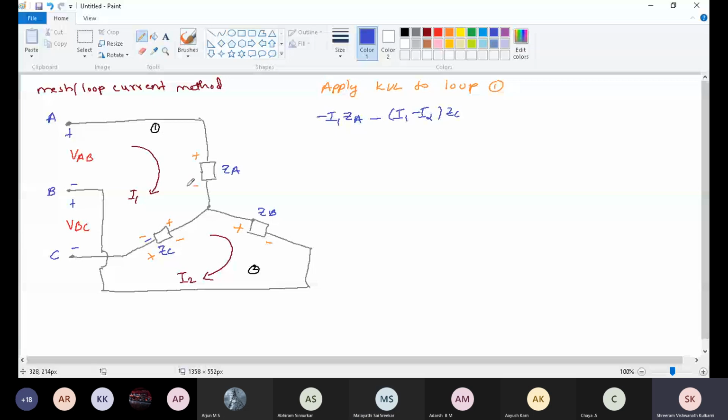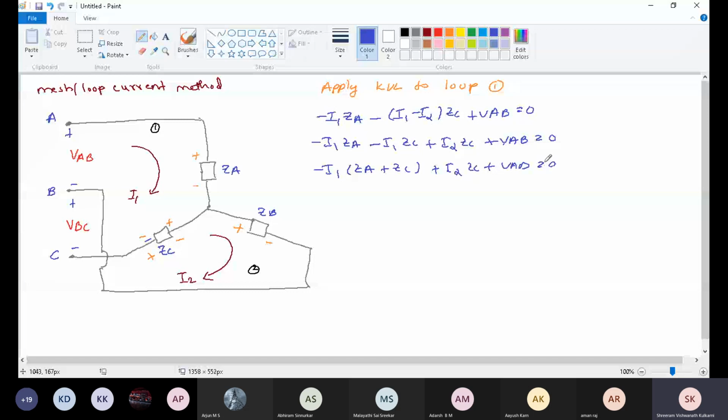Next, which voltage? VAB. Yes, VAB, that is plus or minus. Plus to minus, plus. VAB, plus VAB is equals to 0. If I simplify this one, I1 ZA minus I1 ZC plus I2 ZC plus VAB is equals to 0.